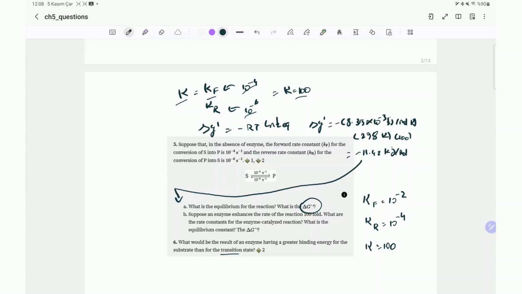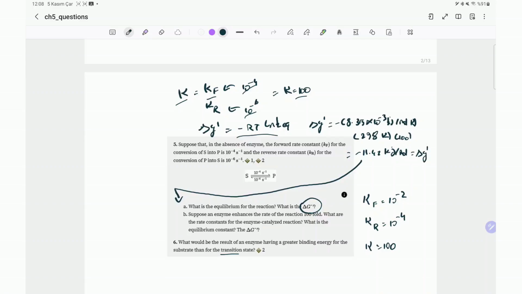For finding the delta G, we have to solve this equation, and when the equation is solved, the value is minus 11.42 kilojoule per mole, and this is the delta G value.